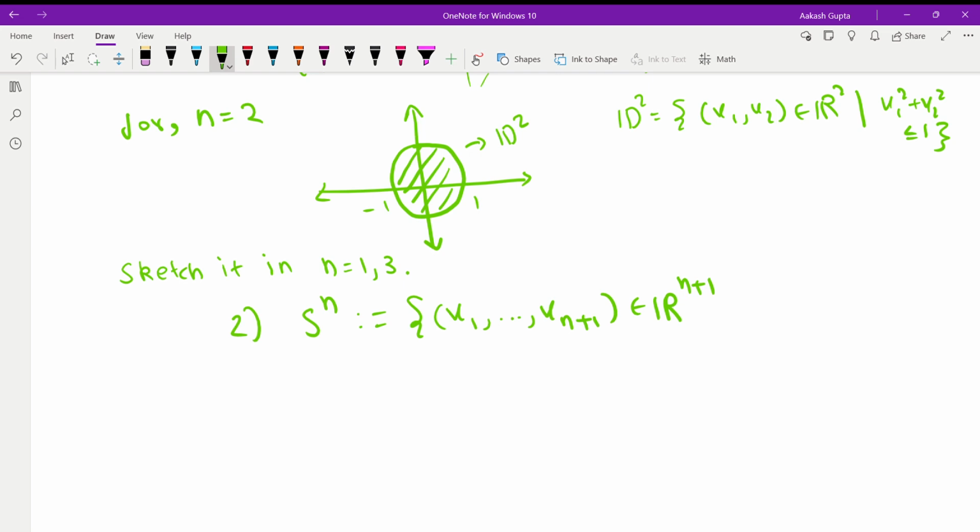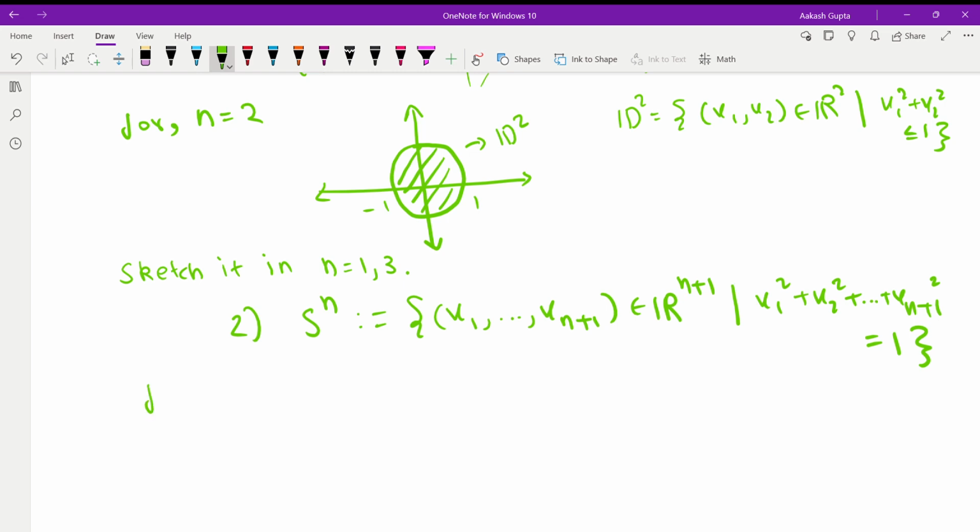That reason you will encounter when you do something called algebraic topology. So x1 square plus x2 square plus so on up to xn plus 1 square is equal to 1. So basically, the collection of all points in Rn plus 1 whose distance from origin is precisely 1.